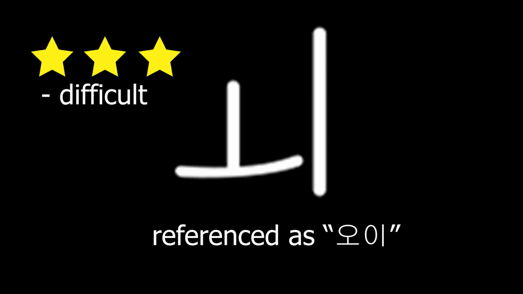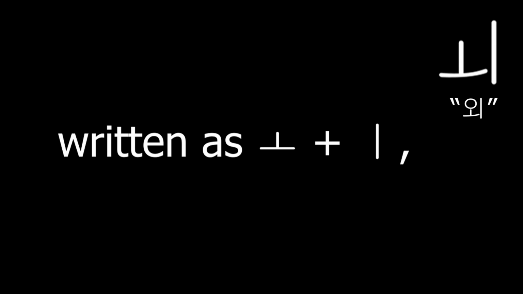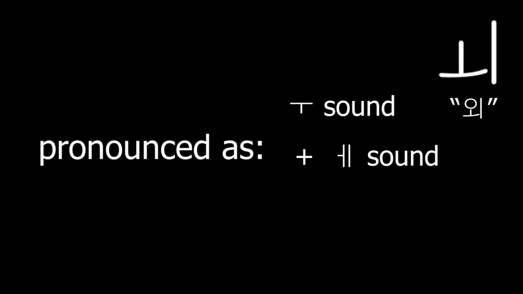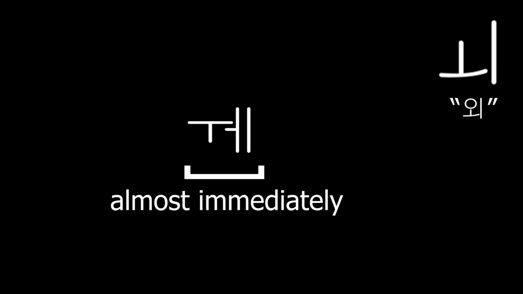This vowel is called we, and this is how you write it. It is a combination of O and E, and it is actually a difficult vowel to pronounce. Despite being a combination of letters, it is actually pronounced when your mouth pronounces an U sound, and then immediately followed by an E sound. But you have to do it almost immediately.